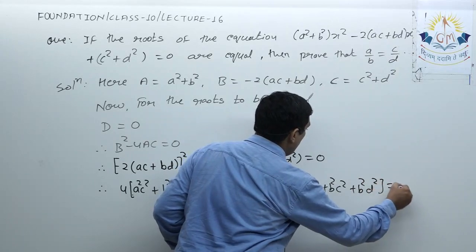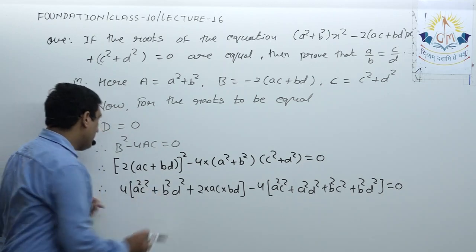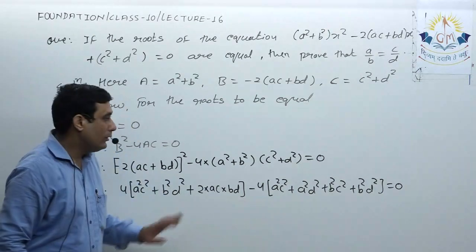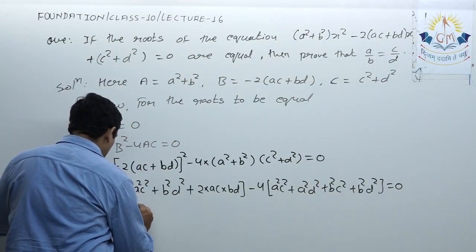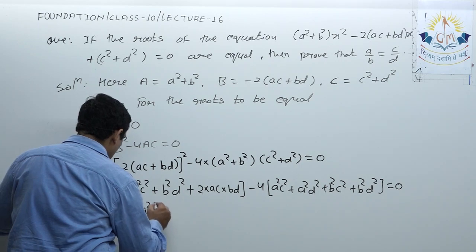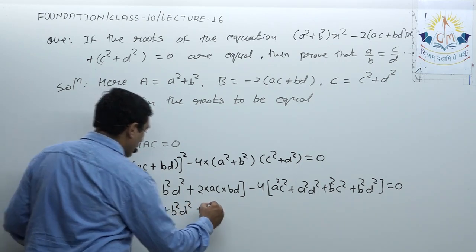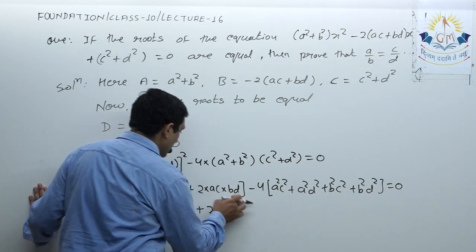Now I can do one thing: I can take 4 common, that will save my time. So I take 4 common, here a square c square plus b square d square plus 2abcd.